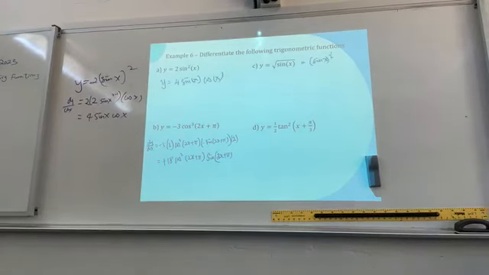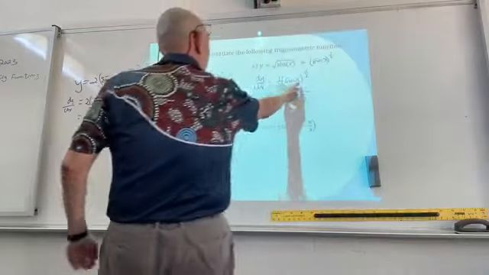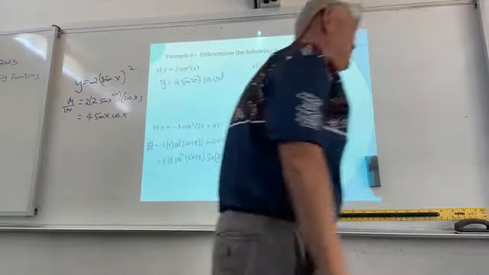So this power rule is half, which makes it sine x to the power of minus half, correct? And then you differentiate the sine x again, which is cos x, right? So here, I forgot the cos x, my fault.